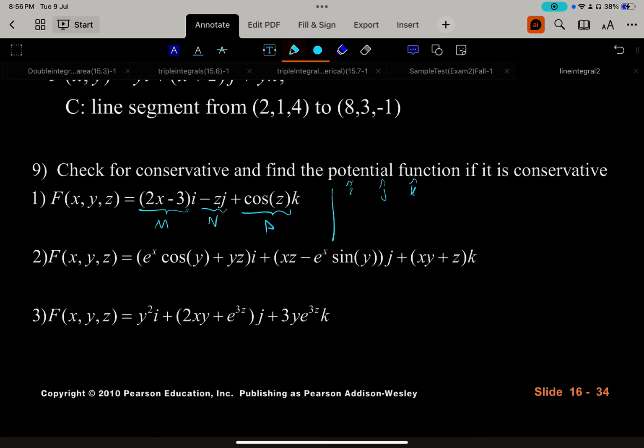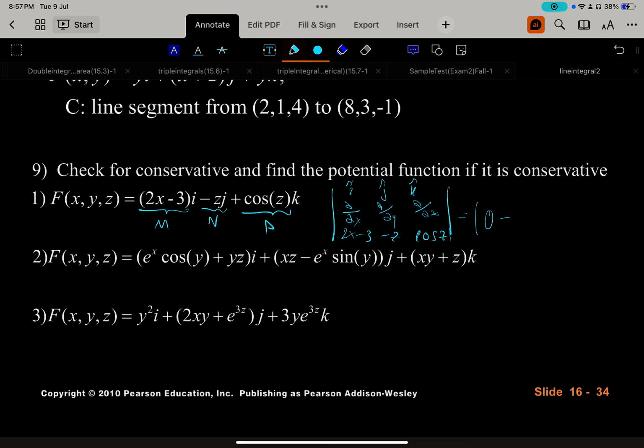And then we have 2x minus 3 minus z, and cosine of z, with d with respect to x, d with respect to y, d with respect to z. So this cosine of z. Perfect.